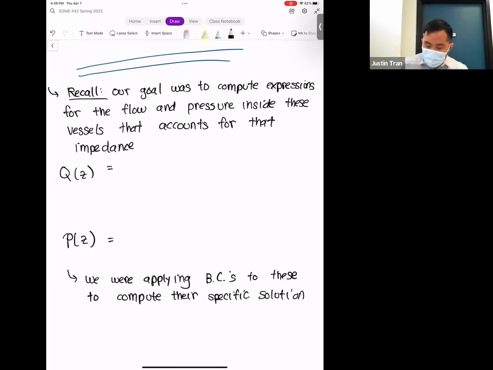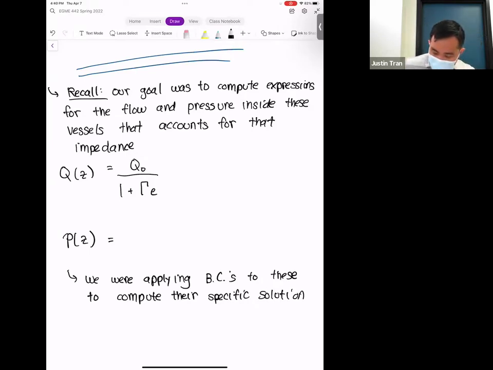Q of Z is equal to Q naught divided by 1 plus gamma. Here you see our reflection coefficient. We introduced it in terms of its physical definition, but it had a mathematical motivation as well, to simplify our answers.